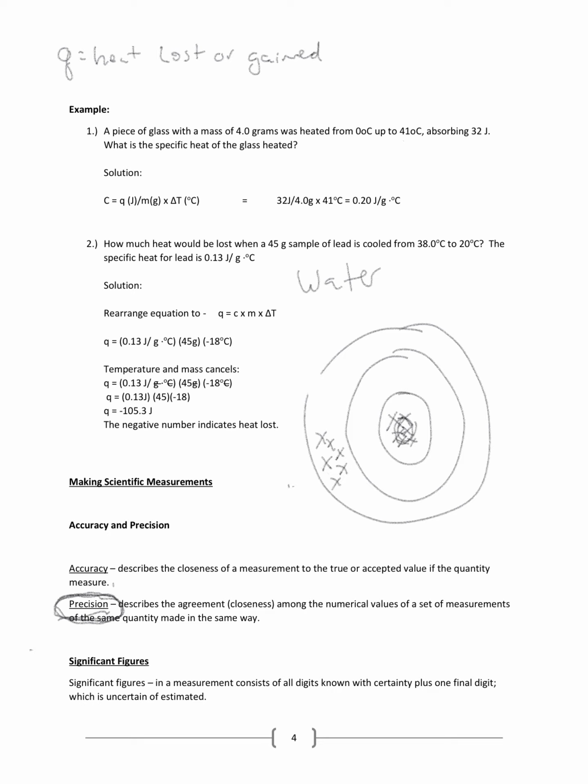So if they're making measurements in a prescribed way, in other words, exactly the same method each time, you should get precise measurements. Accuracy is talking about, well, if I make those measurements, how close are they to actually what the value is for whatever it is I'm measuring?